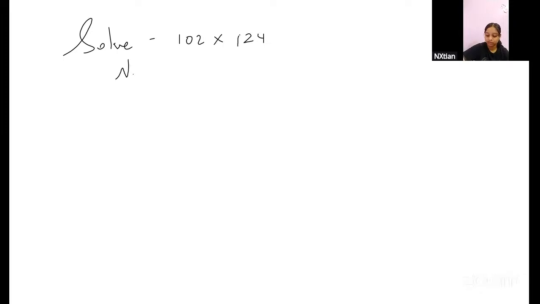So will the deviation be 24 and 2 or will it be 4 and 2? Deviation will be 48.